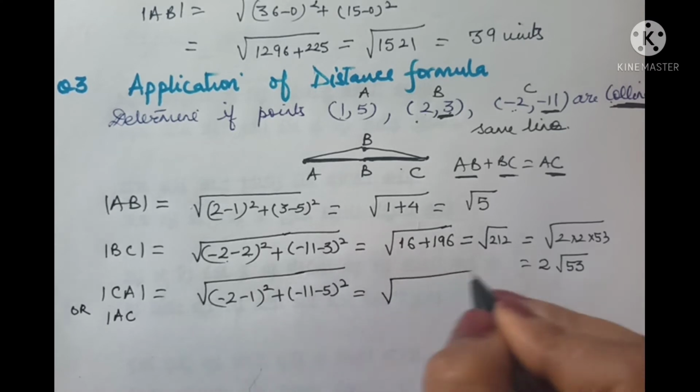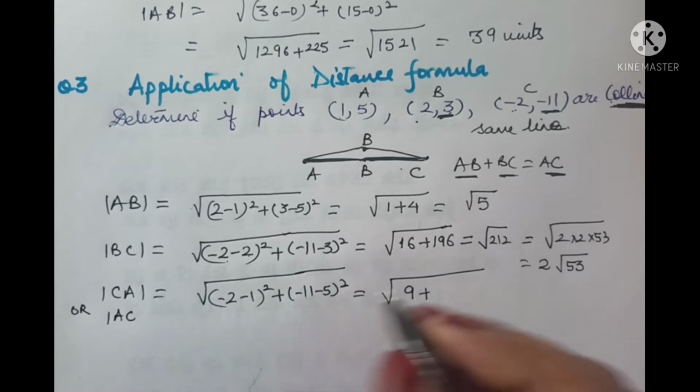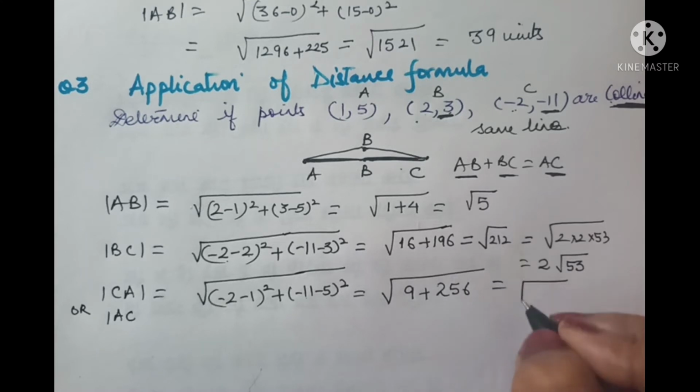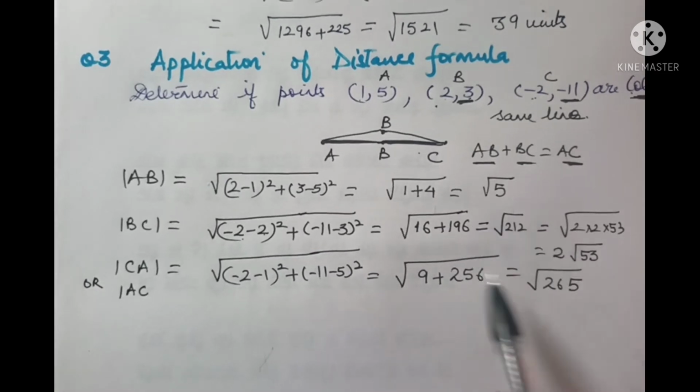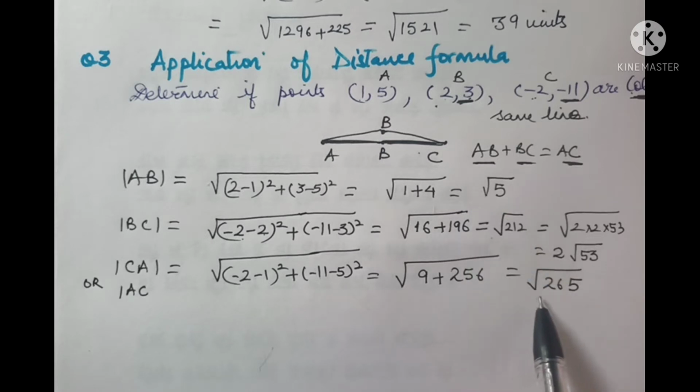So on simplification, you get minus 3 square as 9 and minus 16 square as 256, which gives you root of 265. Now, root of 265 will remain the same. It cannot be calculated further. Now, let us see which one of them is the biggest. This is root 5, this is root 212, this is root 265. So, this is the longest distance.